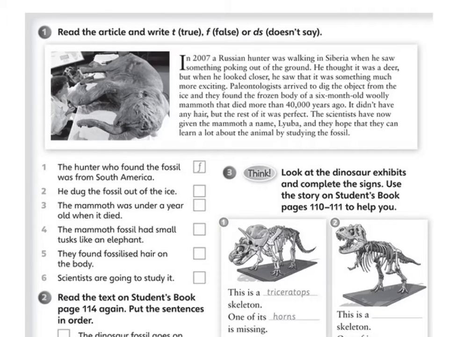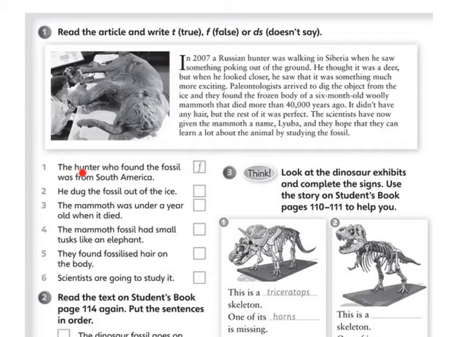Paleontologists arrived to dig the object from the ice, and they found the frozen body of a 6-month-old woolly mammoth that died more than 40,000 years ago. It didn't have any hair, but the rest of it was perfect. The scientists have now given the mammoth a name, Liva, and they hope that they can learn about the animal by studying the fossil.